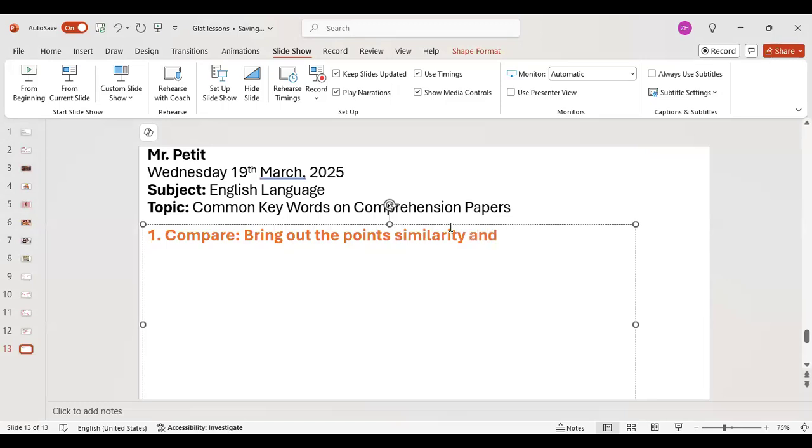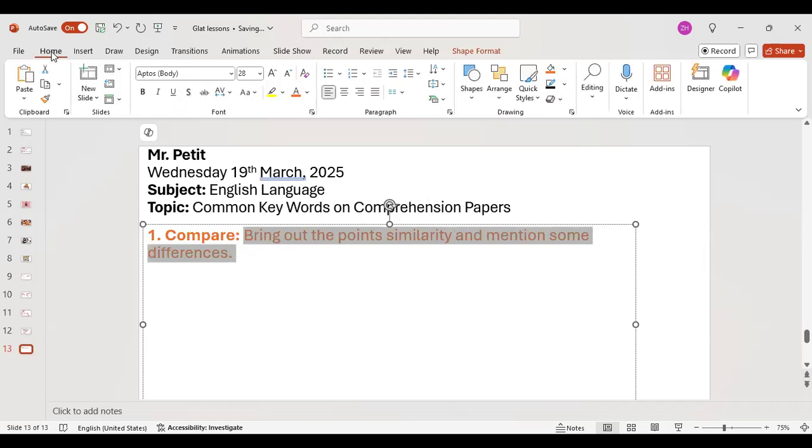And mention some differences. So when you're comparing, you want to highlight as many similarities as possible, but you also want to mention the differences as well.